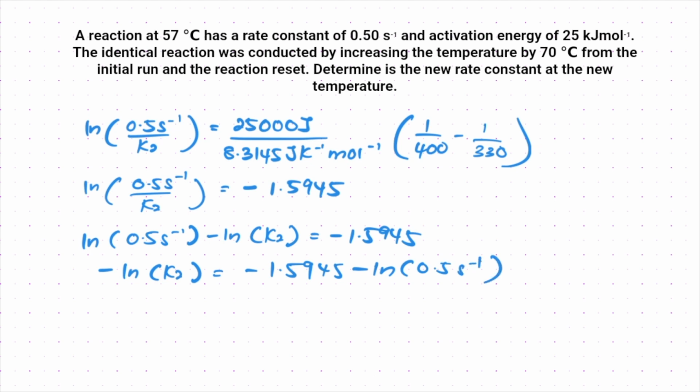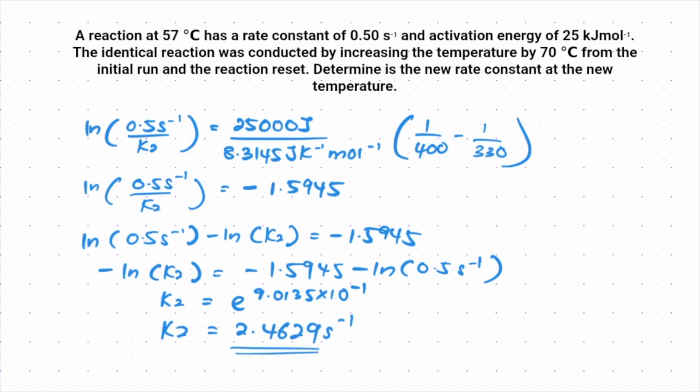So you will get K2 is equivalent to 9.0135 times 10 to the power of negative 1. Therefore, K2 is equivalent to 2.4629 per second. So this is the final answer for the fifth question.